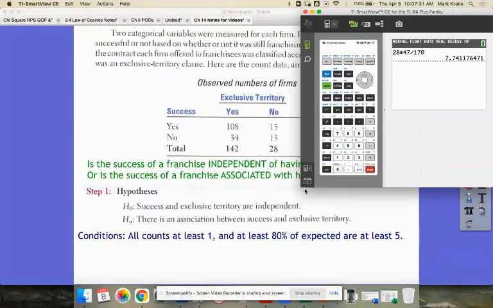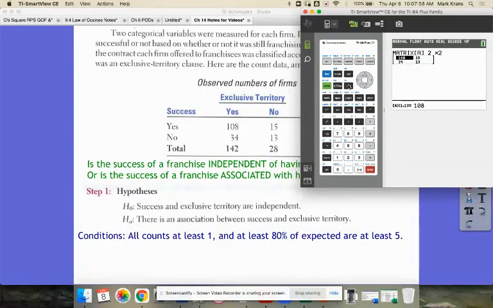I go into my matrix and edit my 2x2 matrix, and I enter 108, 15, and so on. It doesn't actually matter which way, as long as you keep your rows and columns lined up, you're in good shape, because it's just looking for whether there's something unusual in this.